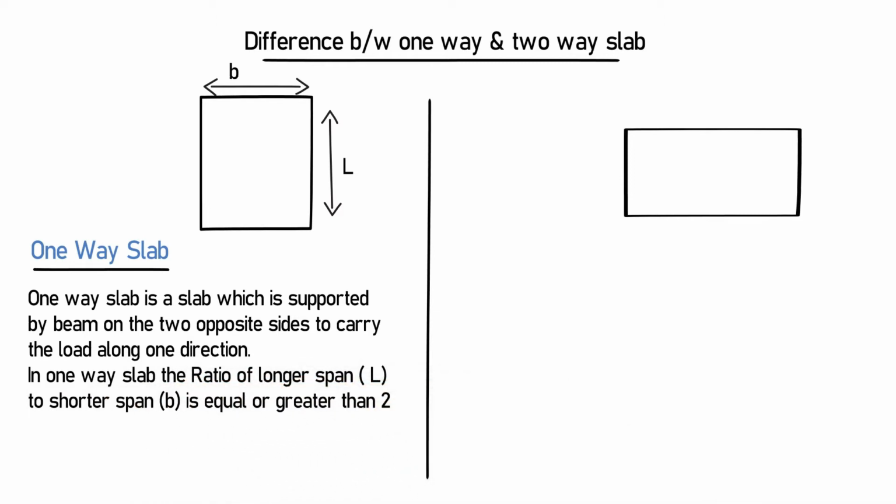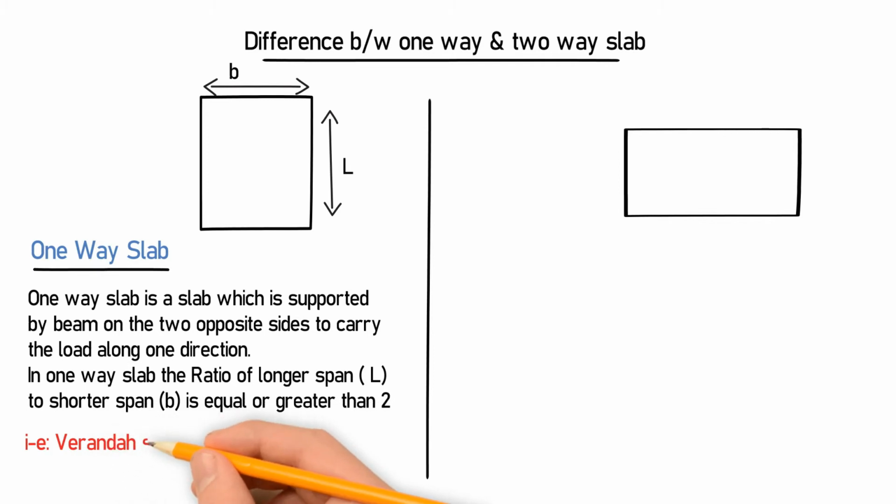Here the longer span divided by shorter span, this ratio will be greater than or equal to 2. So the example wherein the slab is a type of one-way slab.